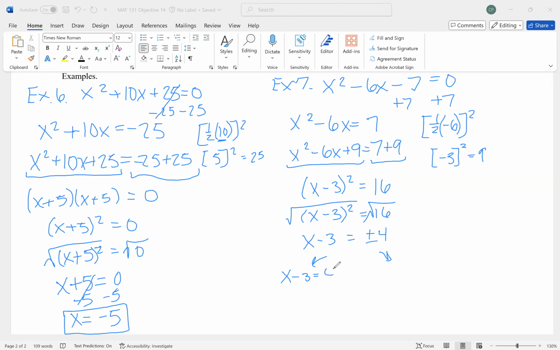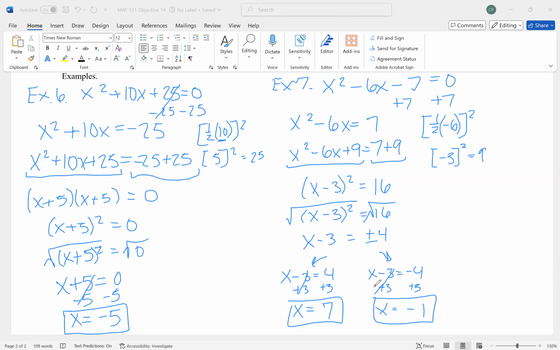X minus 3 equals 4 and x minus 3 equals -4. Okay? We will add 3 to both sides. And one of my x's is going to be 7. And my other one is going to be -1.